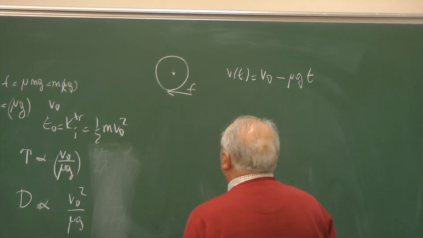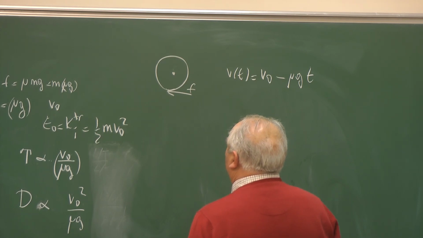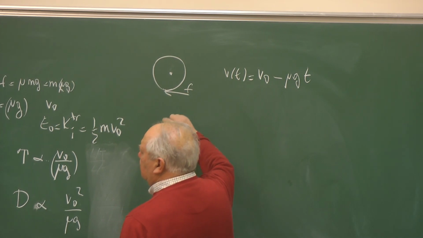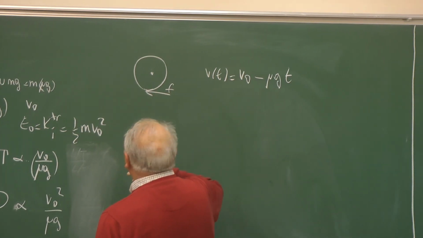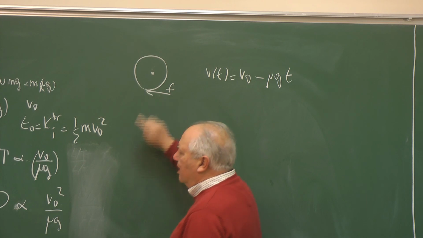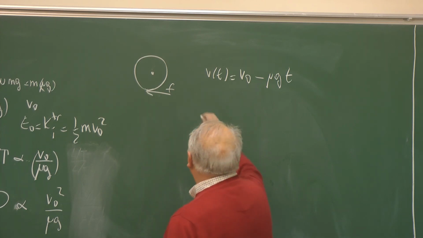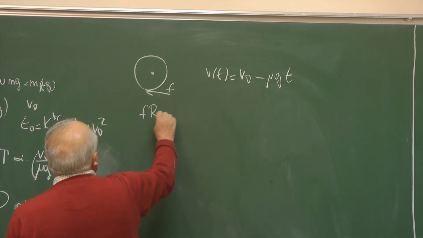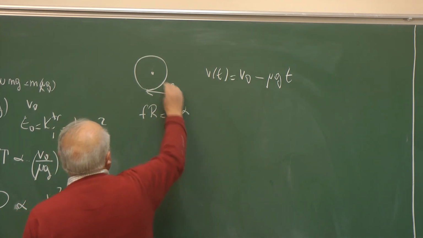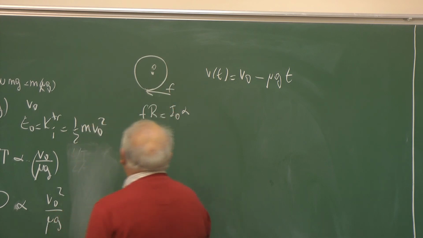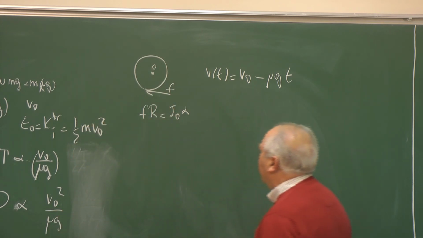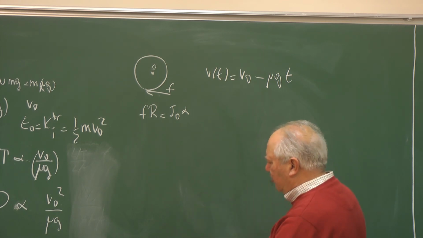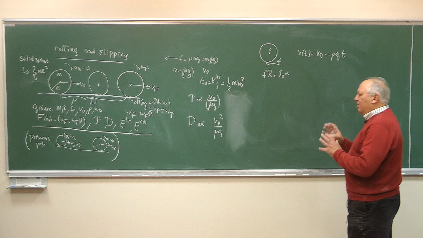All right. And how about the angular rotational motion? F is giving a torque. So F times R is I alpha. I'm taking the torque about the central mass of the sphere, of the ball.